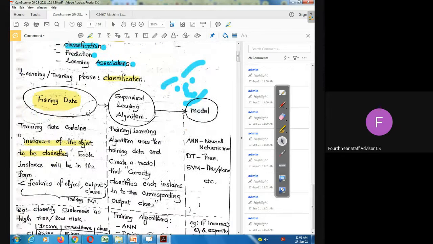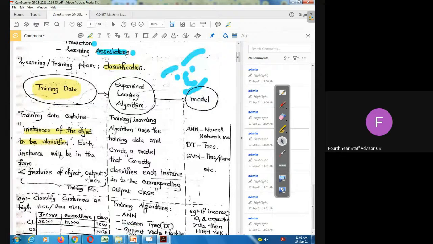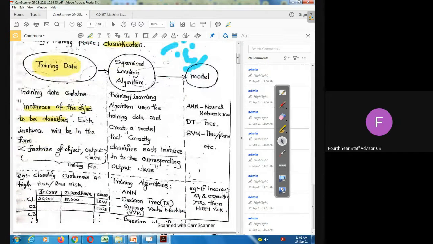So the training data consists of instances of the object to be classified. Try to understand that concept. What is an instance? Instance means samples.